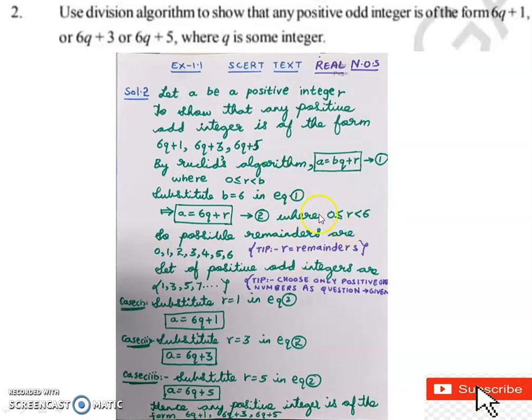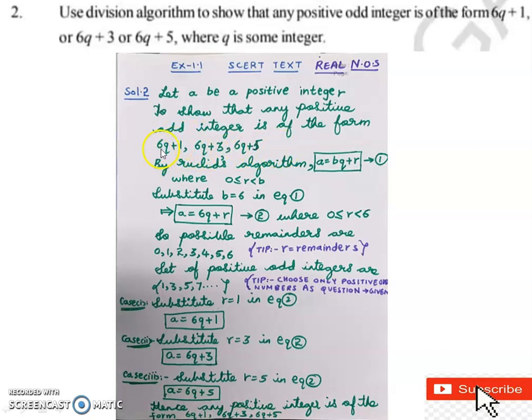Now, the remainders lie between 0 and 6, so the possible remainders are 0, 1, 2, 3, 4, 5. Here remainders are nothing but r, which is assumed in the algorithm. But in the question it is asking only positive odd integers. So I will consider only odd remainders, and in these cases we have 1, 3, 5, which are odd positive integers.